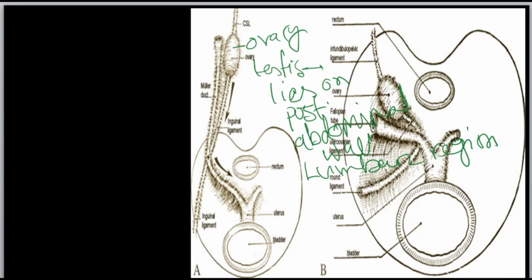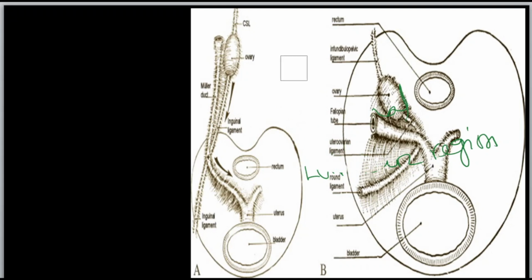But we know testis remains in the scrotum and the ovary lies in the pelvis. So it needs to descend from the posterior abdominal wall. It comes to its original position by the gubernaculum. In case of male, it is gubernaculum testis, and in case of female, it is known as gubernaculum of ovary.